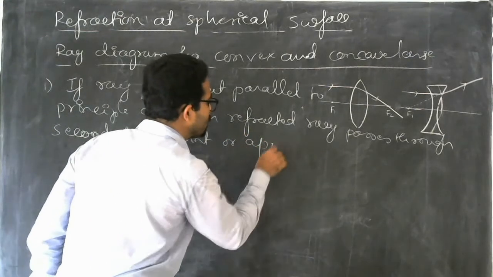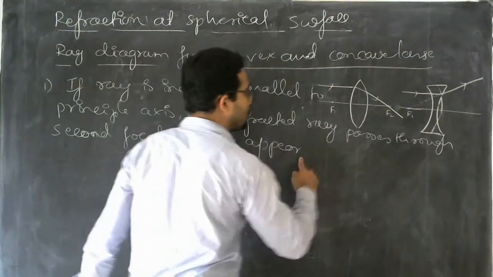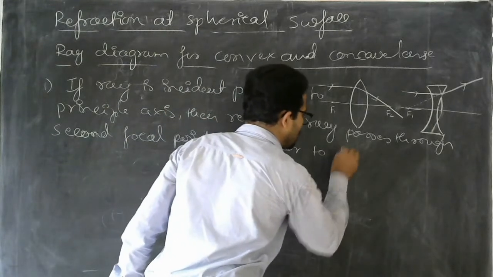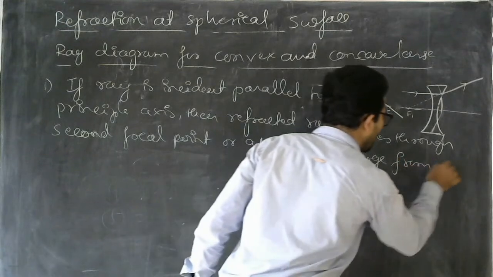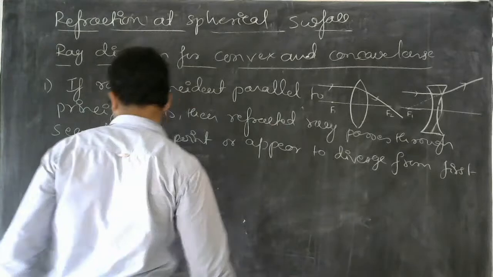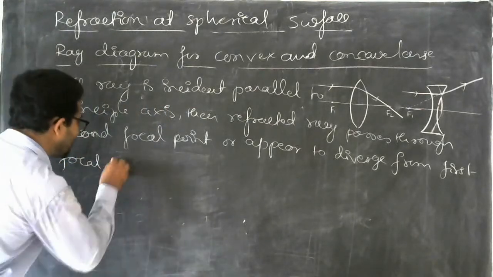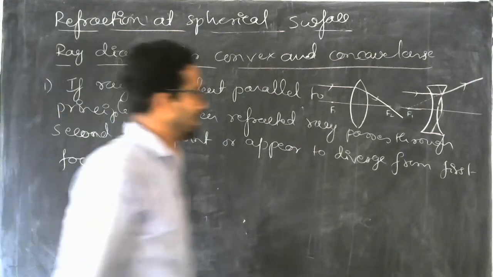This is for the convex lens. For the concave lens, it appears to diverge from the first focal point. So this is the first case.